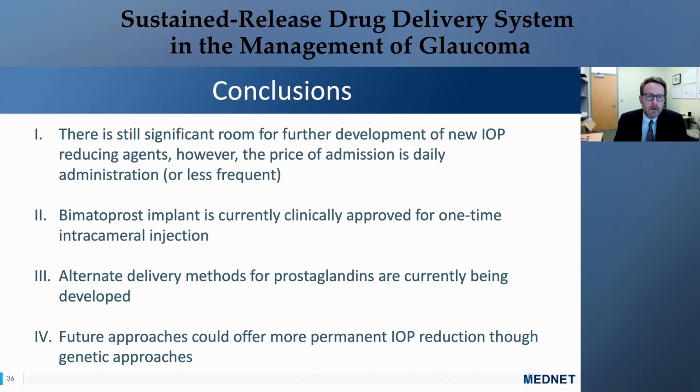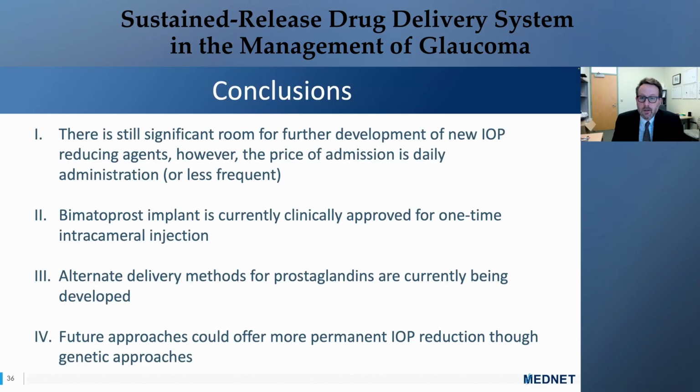So in conclusion, there's still significant room for further development of new IOP reducing agents. However, it seems like the price of admission for new drugs is daily administration or less frequent, because our patients aren't going to tolerate more than that, and we have evidence of non-adherence with a lot of our more frequent drops.